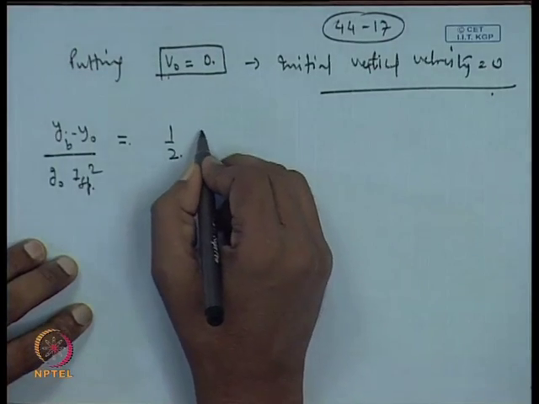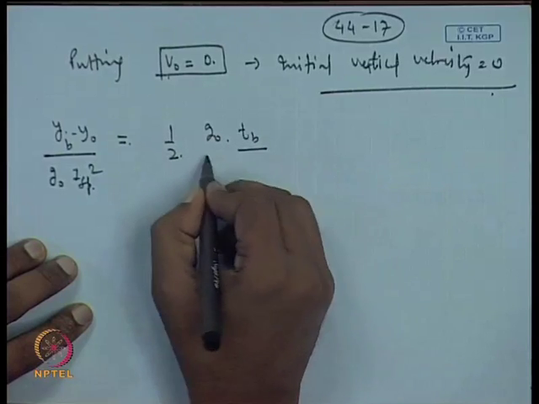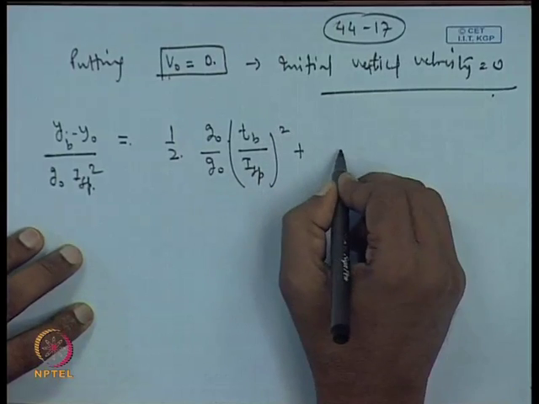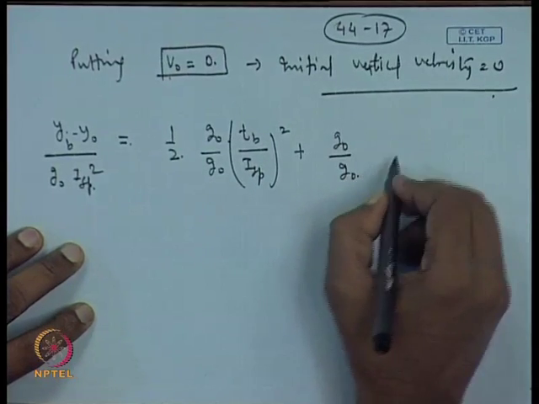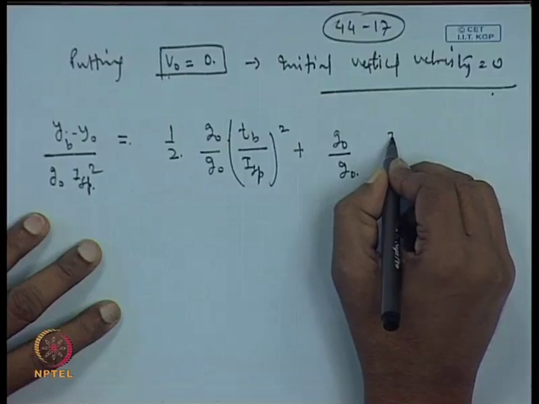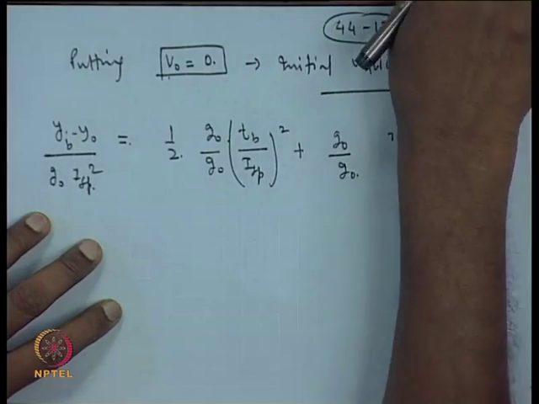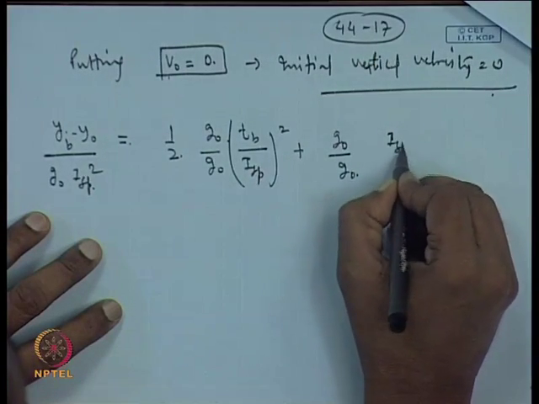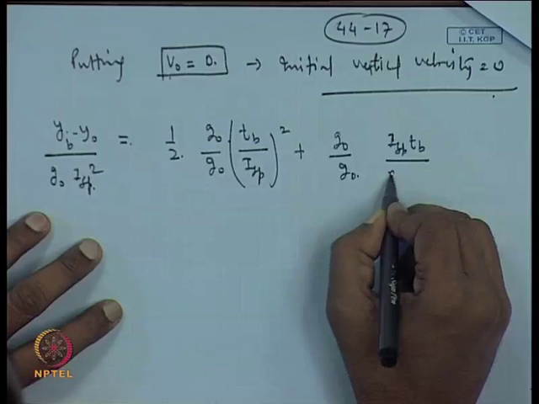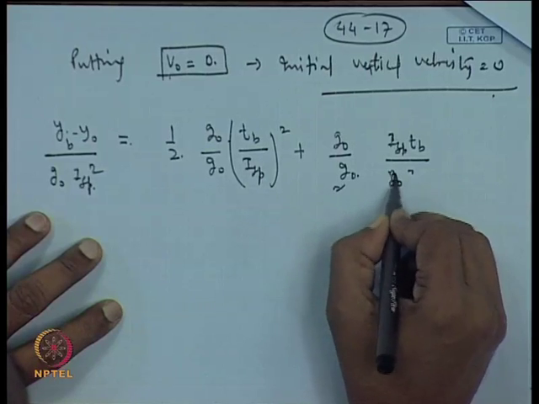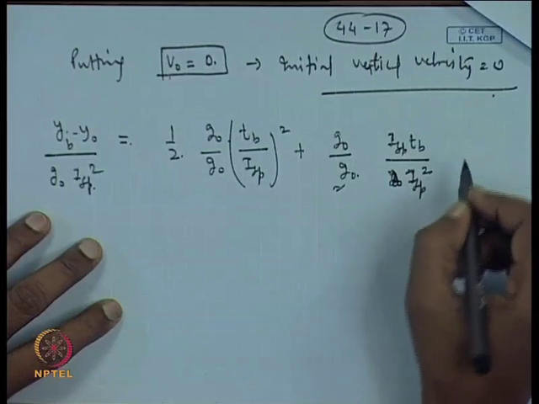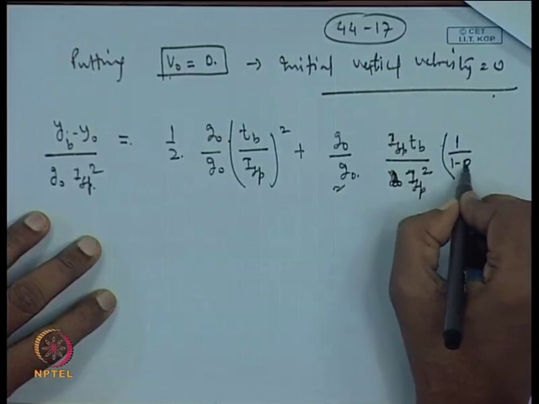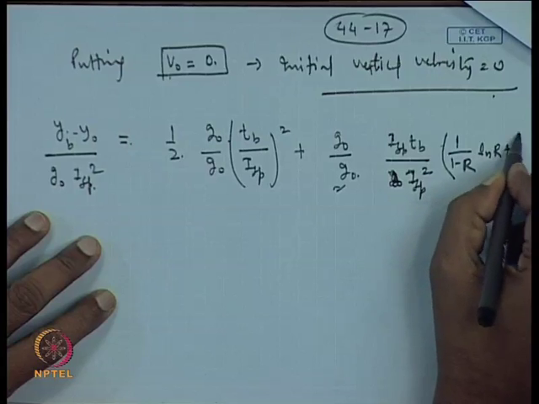Okay, so this will give us g 0 T b by I s p square plus g 0 by g 0, and I s p times T b we can insert from here. So, this is I s p times T b divided by g 0, g 0 we have already taken into account, this is I s p square times 1 by 1 minus r ln r plus 1.